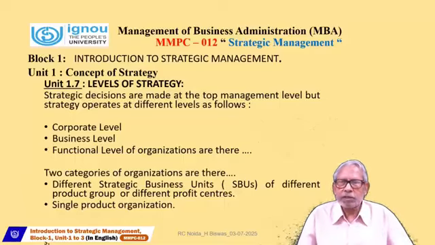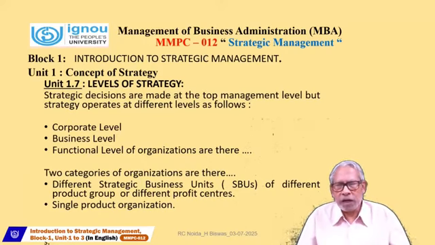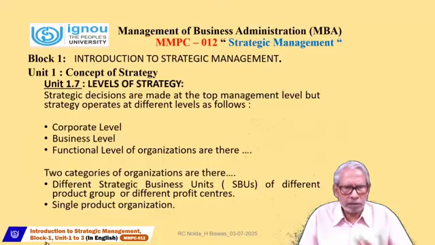Basically, there are 2 types of organizations. Different strategic units are there, your SBUs, strategic business units, or different product groups or profit centers. Sometimes there are 2-3 plants, plant number 1, 2, 3, or maybe different products.